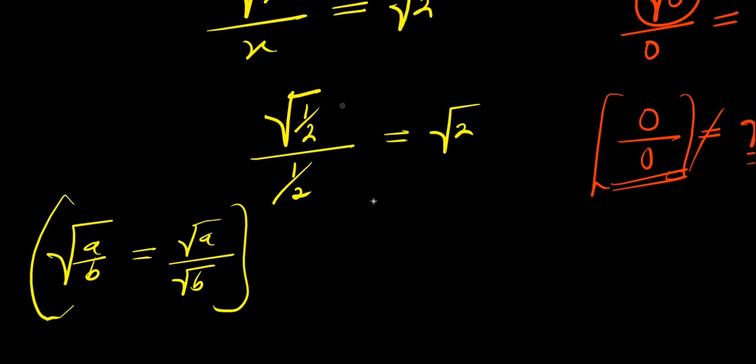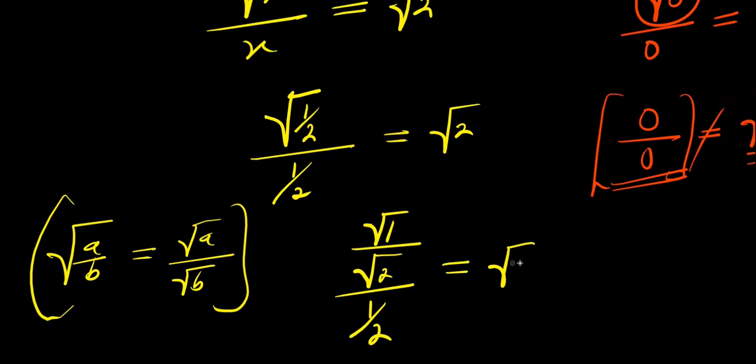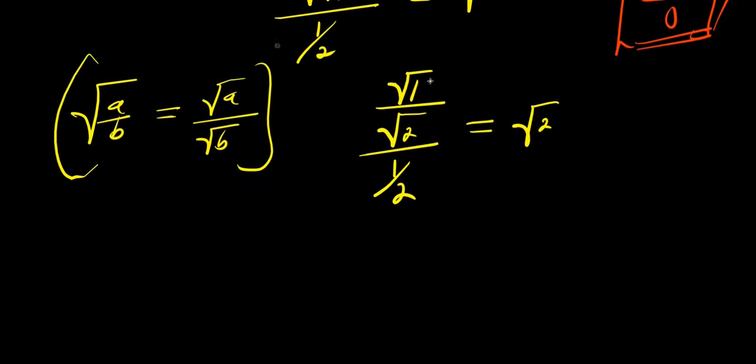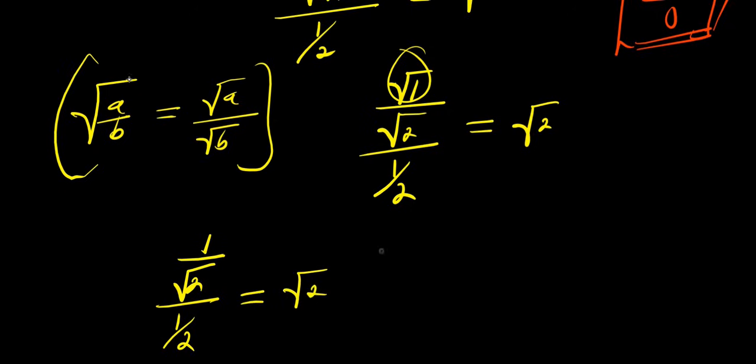So square root of 1 over 2 is square root of 1 divided by square root of 2, divided by 1 over 2. Is it the same thing as square root of 2? So from here, square root of 1 is 1. This is divided by square root of 2 divided by 1 over 2 equals square root of 2.